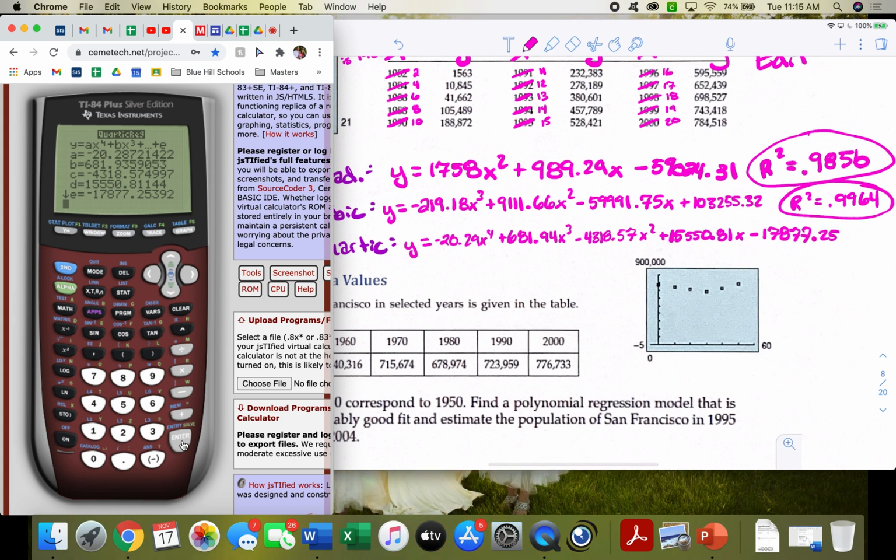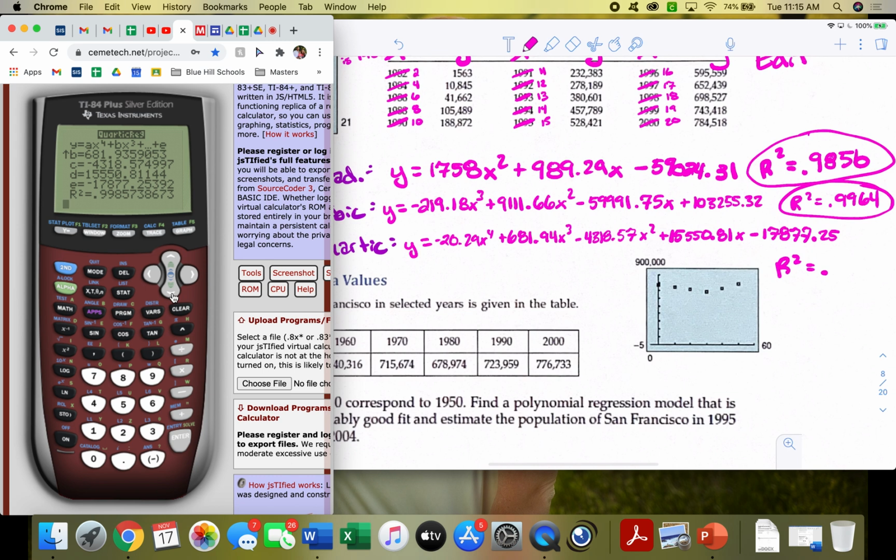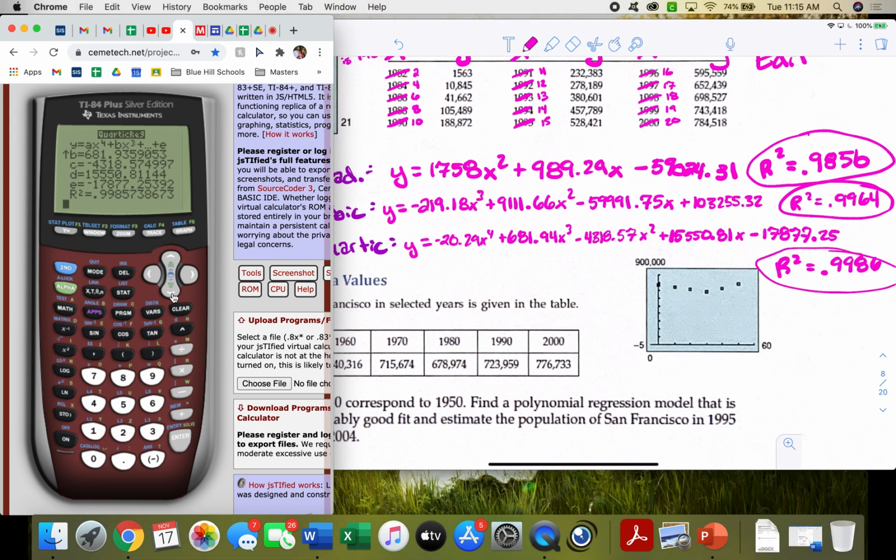R squared is 0.9986. Holy cow, that was a lot of work. It probably wouldn't have been a lot of work if my calculator wasn't so slow, but that's okay.